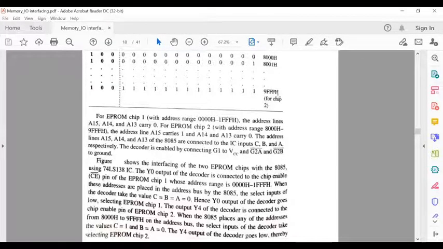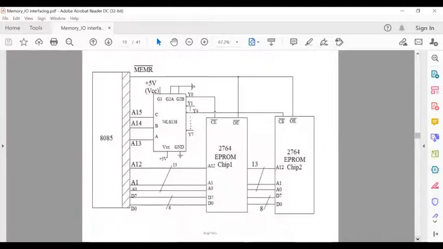Now, what is your aim? You have to convert this table into a diagram. For that purpose, you need to use this type of diagram where you draw the 8085 on the extreme left-hand side, and on the right-hand side you take two ICs, EPROM 1 and EPROM 2.